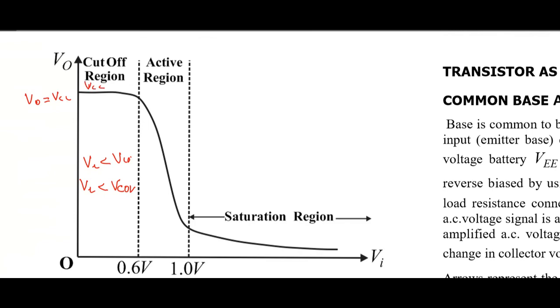And now, as the current starts flowing, we are familiar with this equation, VO equals VCC minus ICRC.